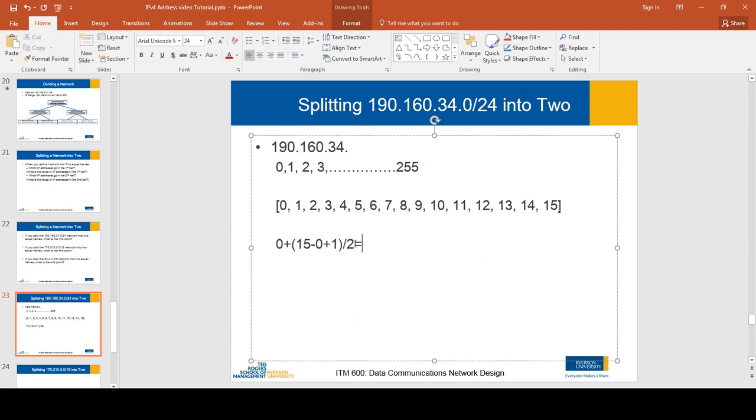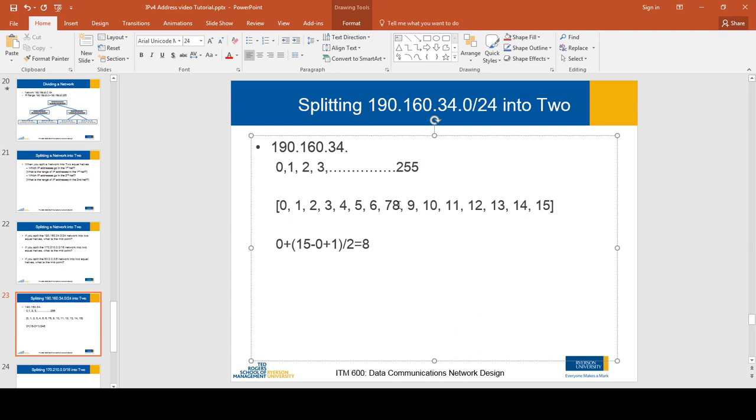In this example we have 15 plus 1, 16 by 2, which is 8. So 8 is the start of the second half. When we split this series of numbers from 0 to 15, the 8 would be the midpoint, but it's the start of the second half.